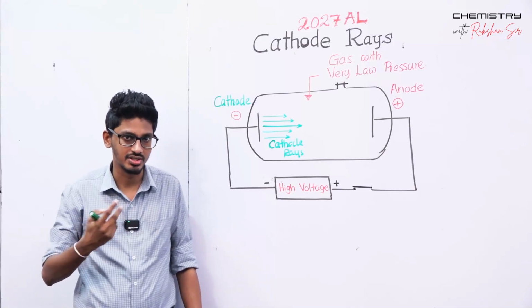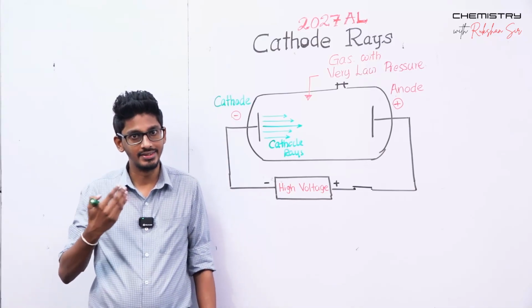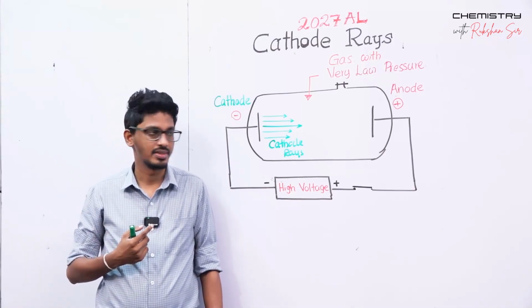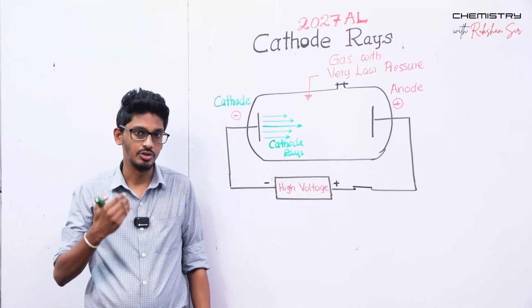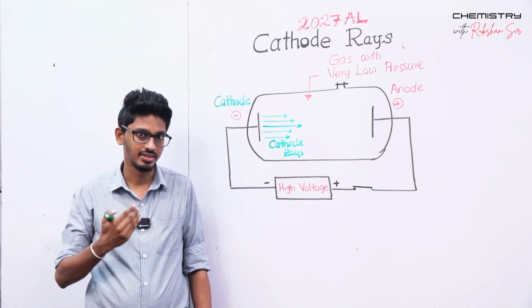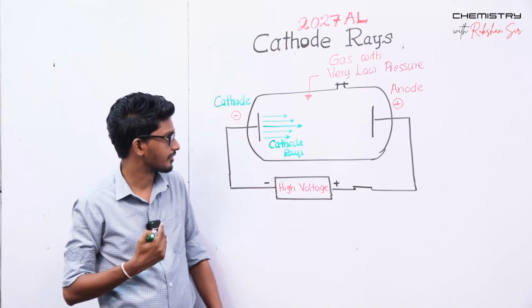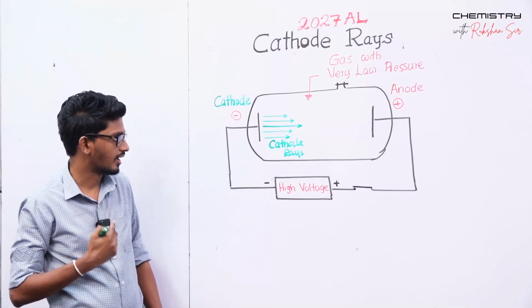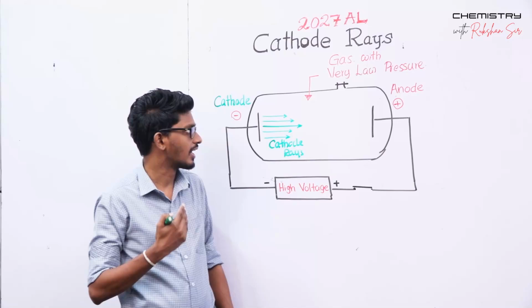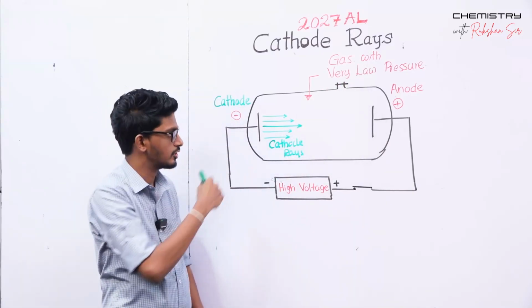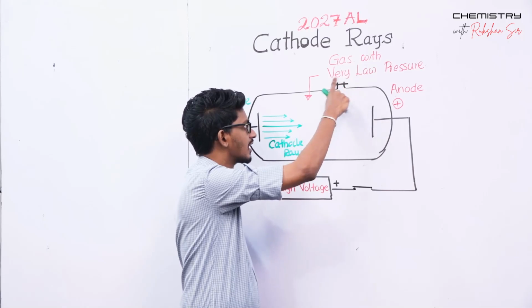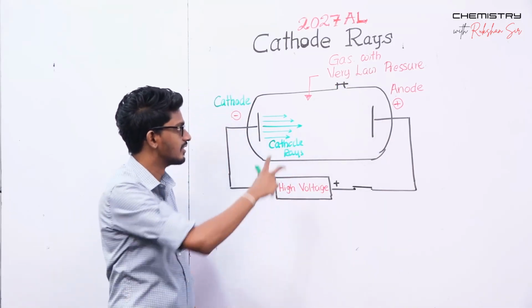That will be the first question there can be in your question paper. Another few questions can be asked, so let's try to come up with good answers for those. The next question is why we need to maintain such a low pressure gas inside the tube.